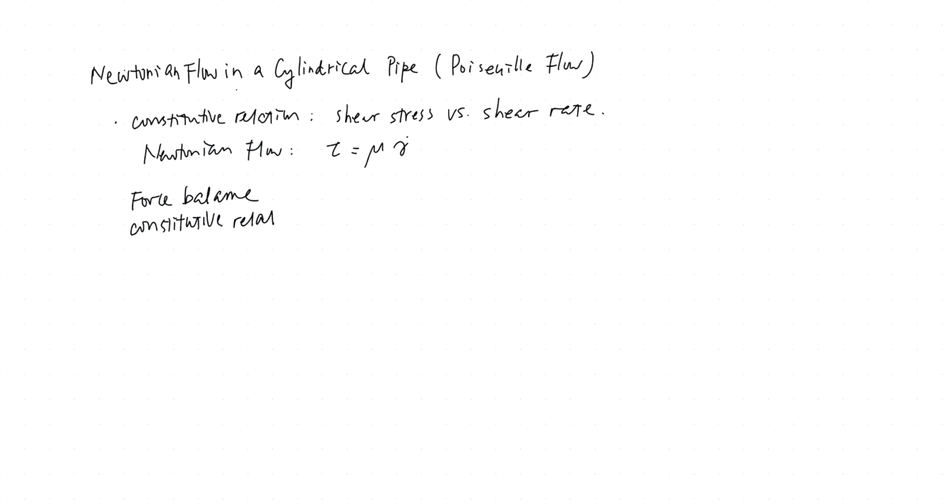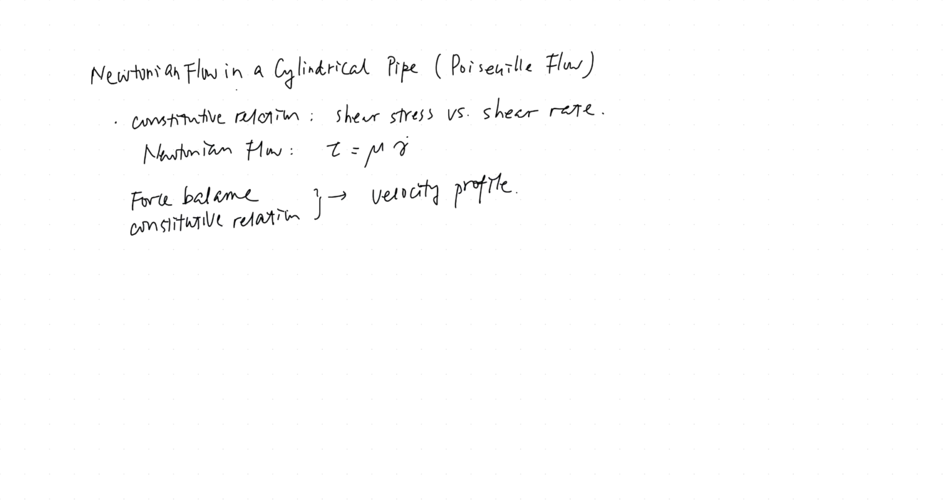This will help us to get the velocity profile. And then once you have the velocity profile, you can do a lot of things with it. So in this lecture, we will use Newtonian fluid as a helpful example for us to see this process. How do we get to the profile?